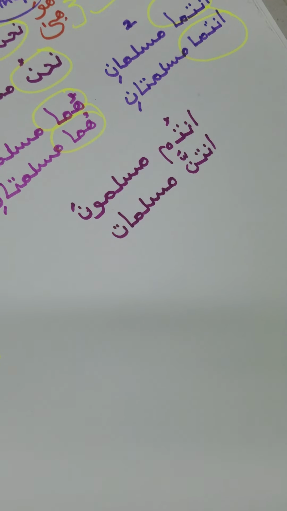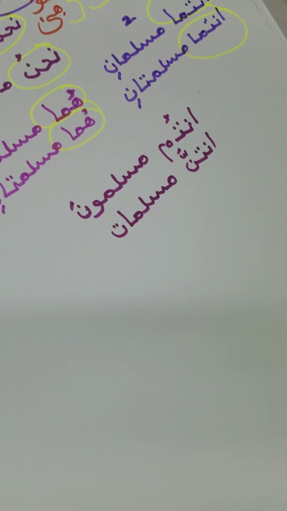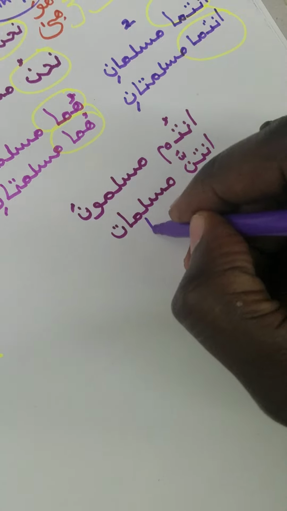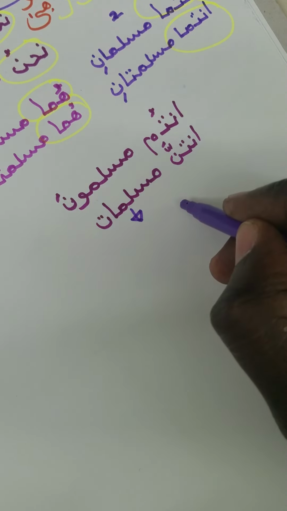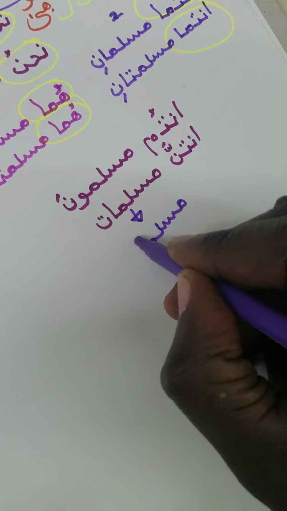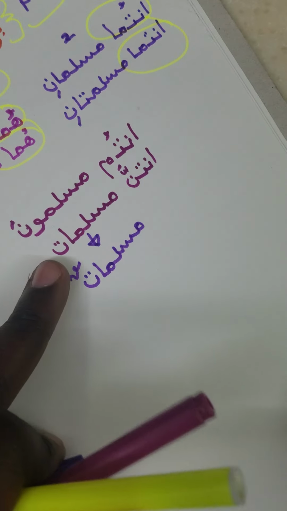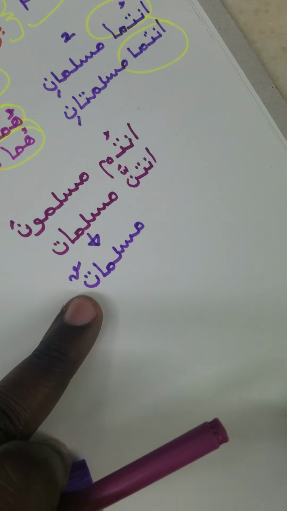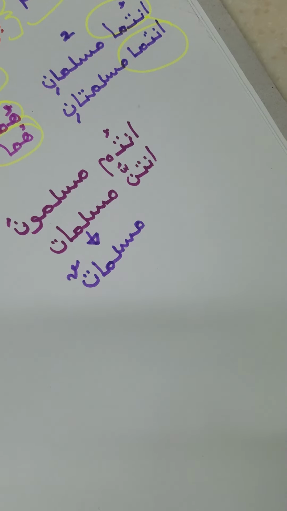But we said what must be in case 1. So what is case 1 for this? Case 1 will be by adding a tanween. So when you add a tanween, instead of reading muslimat, it's now going to read muslimatun, because tanween comes with that sound.